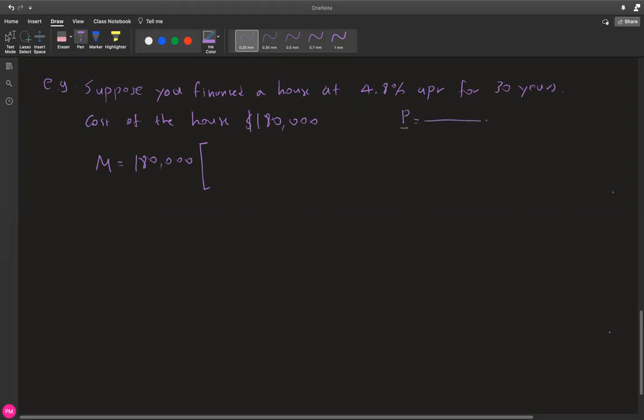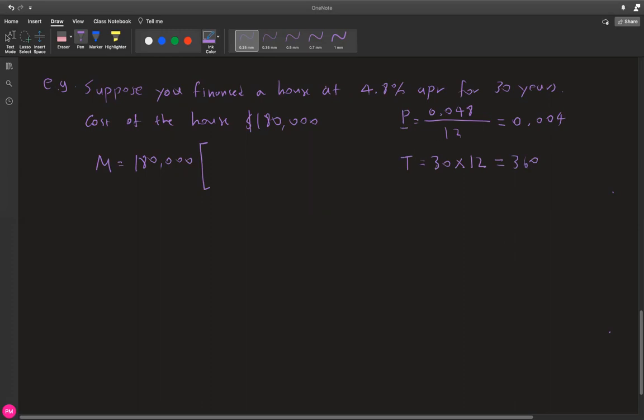So the monthly interest will be 0.048 divided by 12, and that is 0.004. And the total number of payments is for 30 years, 12 months for each year, and that's going to be 360 months.